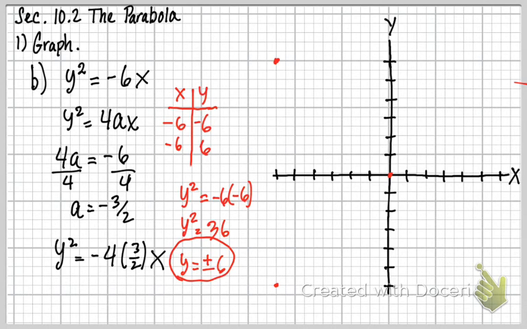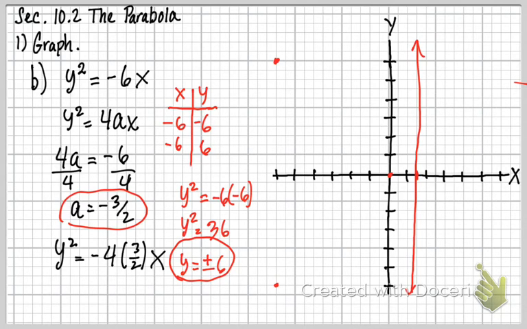Then we have the directrix. Since my a is 3/2, from the vertex I'm going to go over 3/2. It's going to be here, and that's going to be my directrix. I did forget one thing on the last graph, and I'll put it in here.